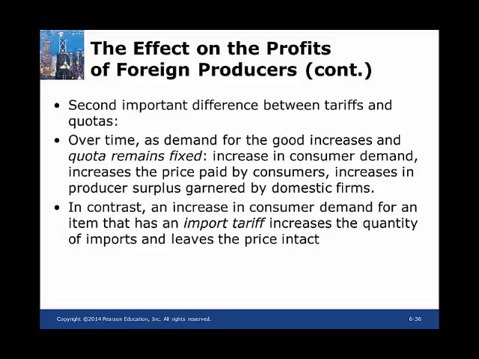In contrast, an increase in consumer demand for an item that has an import tariff increases the quantity of imports and leaves price intact.